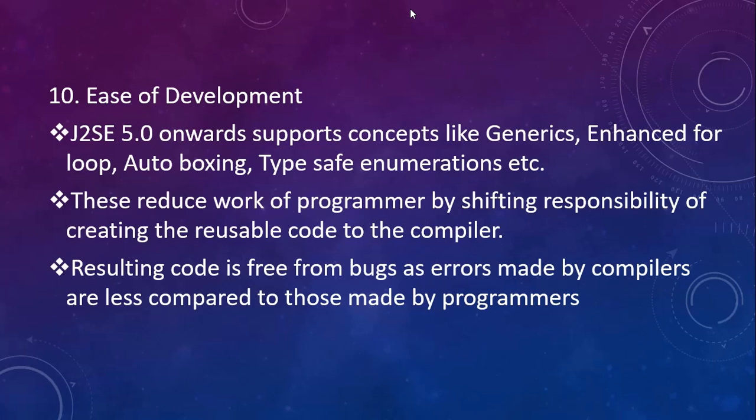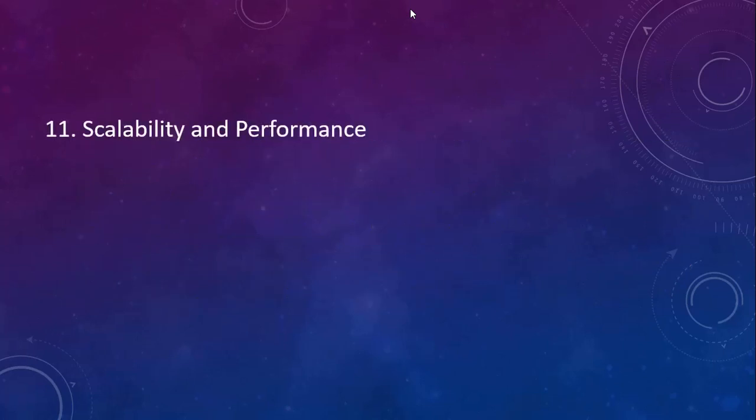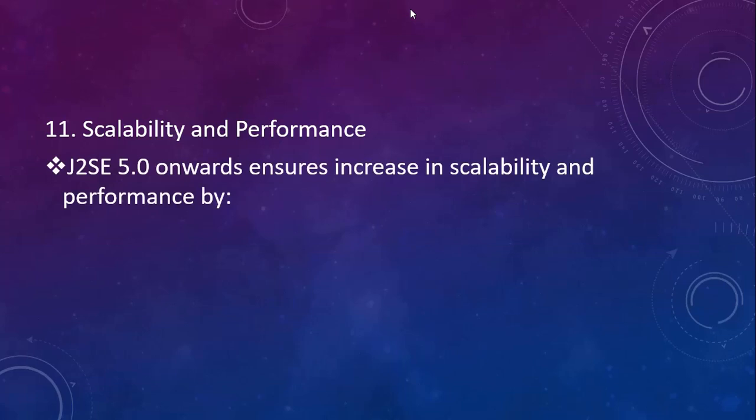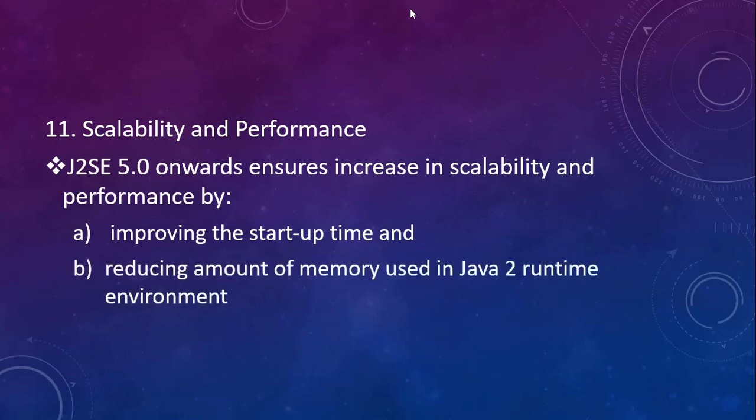The resulting code is free from bugs, as errors made by compilers are very few compared to those made by programmers. Java has high scalability and very high performance. Java 5 onwards increases scalability and performance by improving the startup time and reducing the amount of memory in the Java 2 runtime environment.